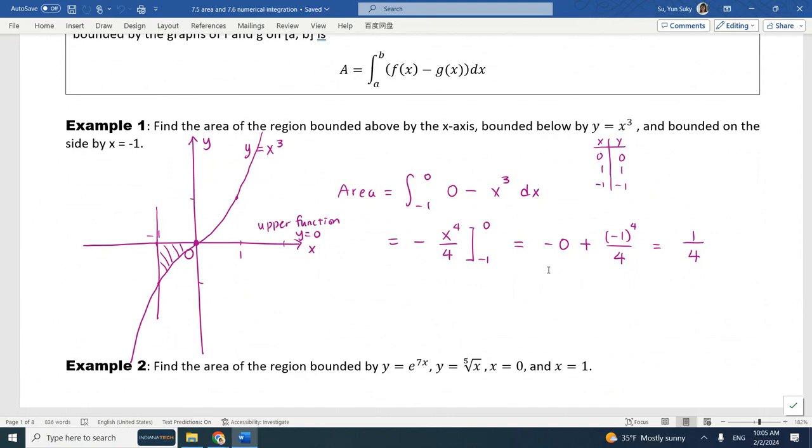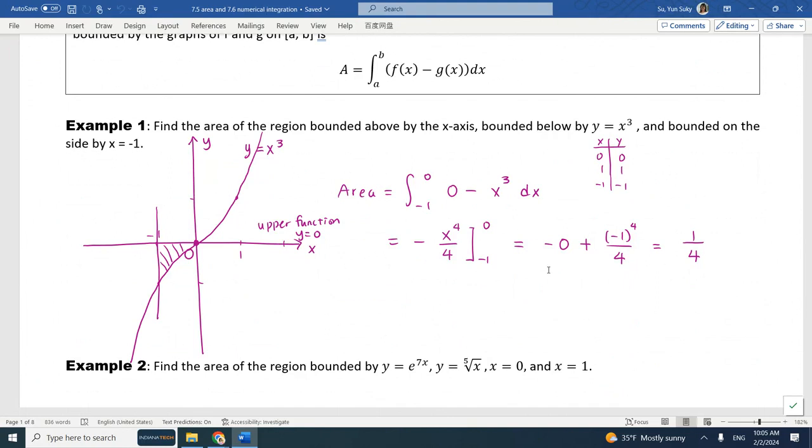In this case, you see x cubed is negative, but we minus x cubed, which makes it positive. That's why our area is positive. So if the problem asks you to find the area between the two curves, your area should always be positive. If you get a negative area, maybe your upper function and lower function flipped. So just go back and change the minus sign.